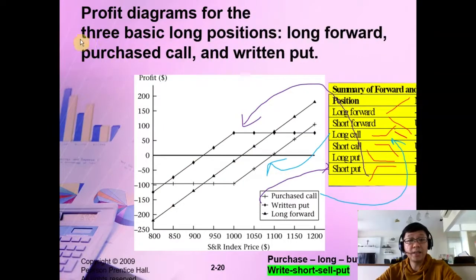Here we are plotting the three basic charts again, all in one. You have the long call, then the short put, which looks like this, and then a funny graph for the long forward here.